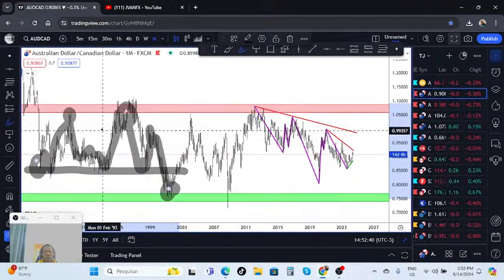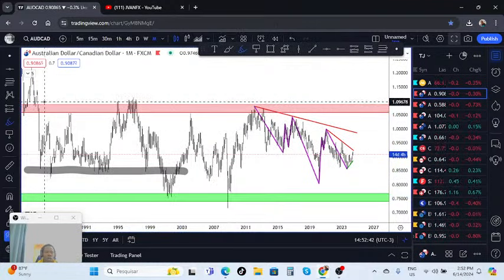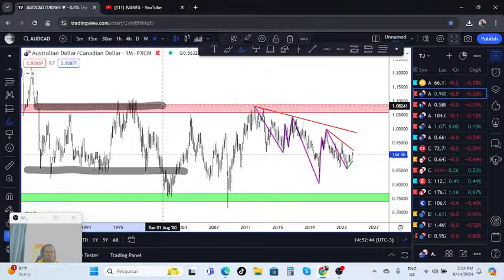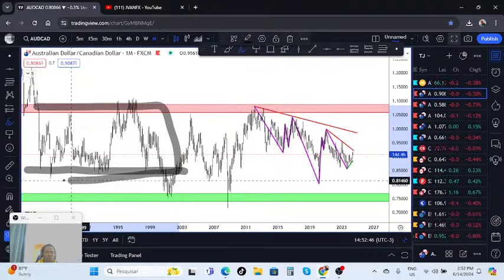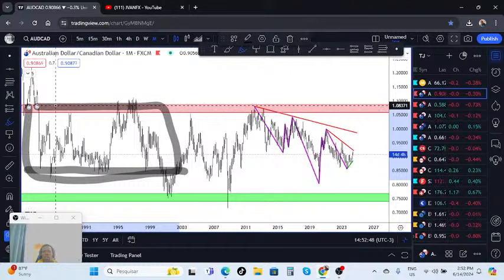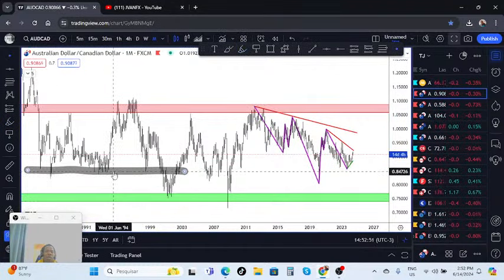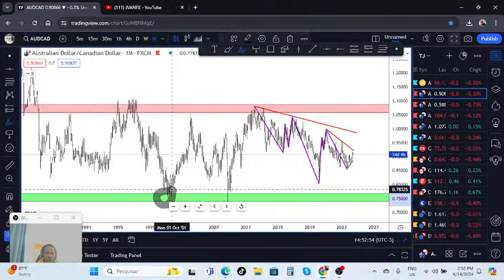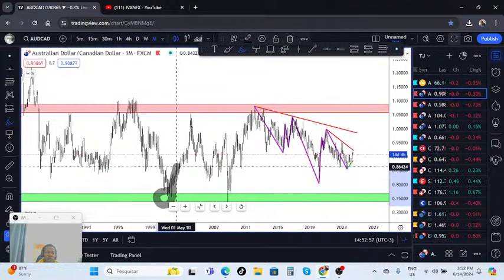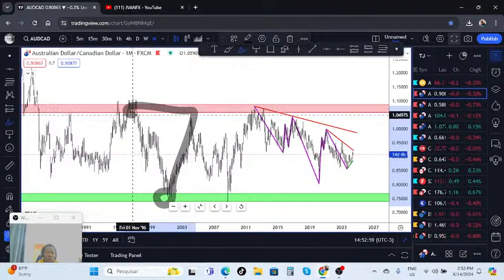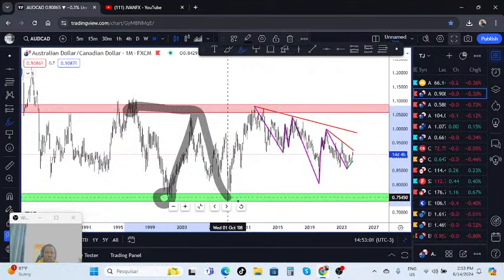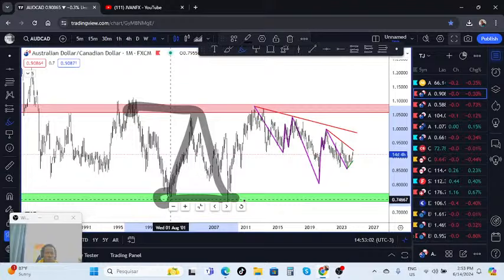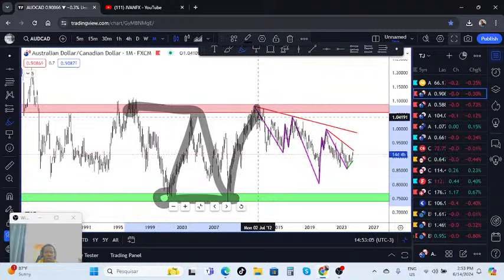Back in time, this was what we were looking at as the monthly support and resistance band, like this area, before the market decided to create a new level of support right here. Since then the market has been maintaining that range, with support and resistance both holding.